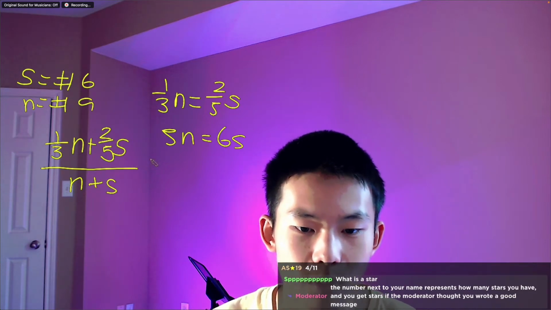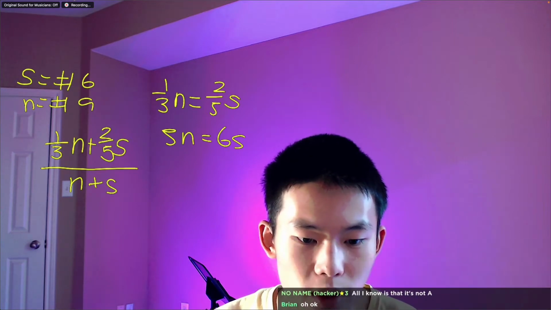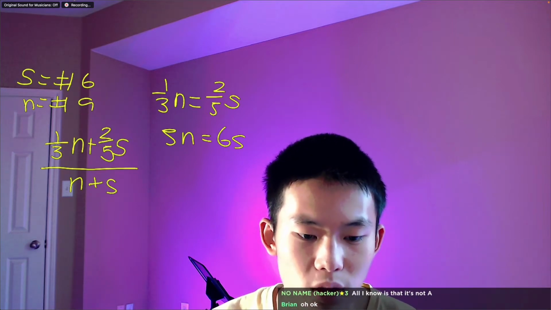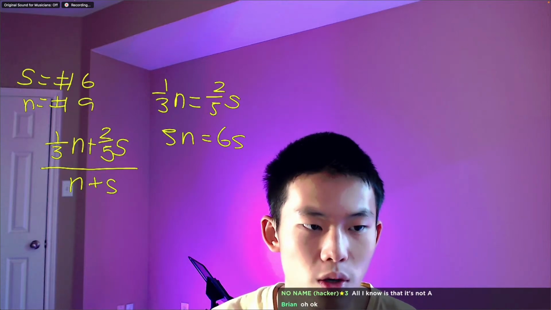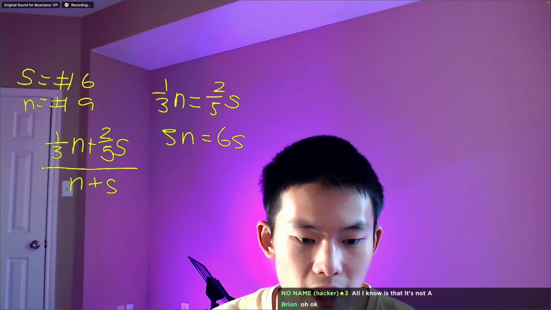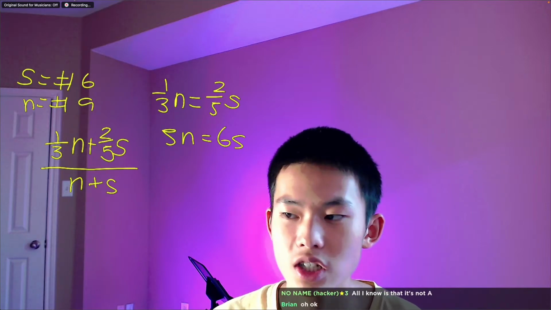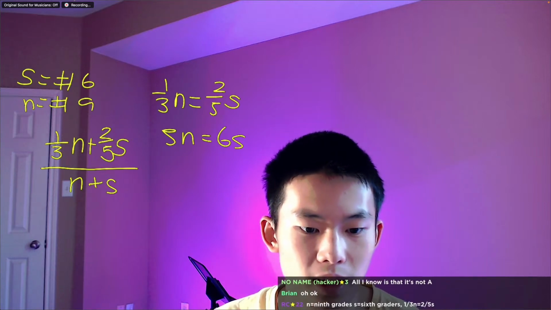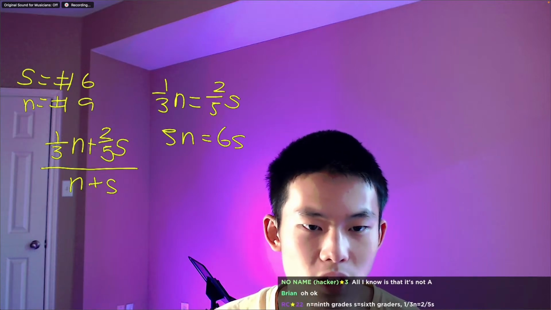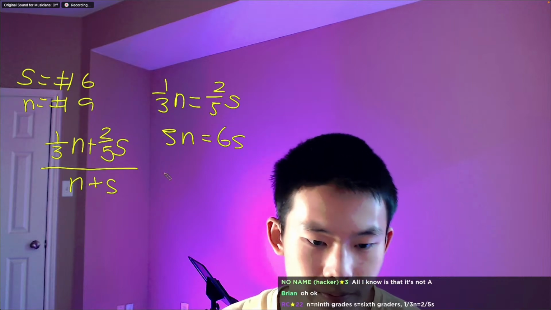But one important thing we can see here is that 1/3 of all the 9th graders plus 2/5 of all the 6th graders is going to be our total number of buddies. And n plus s is going to be the total number of people. So this fraction actually tells us how many 9th graders and 6th graders combined have a buddy. So we just want to solve for this.